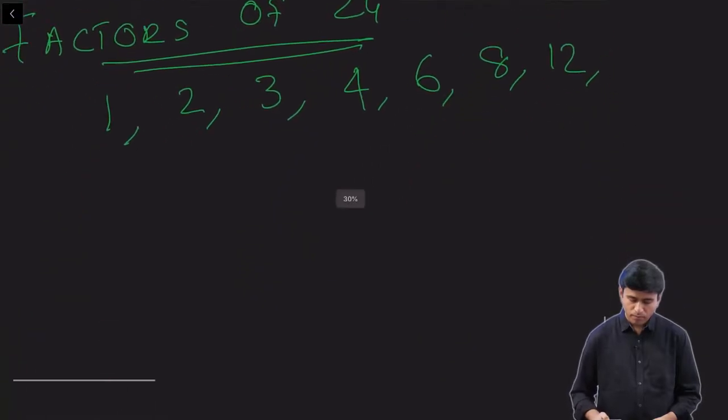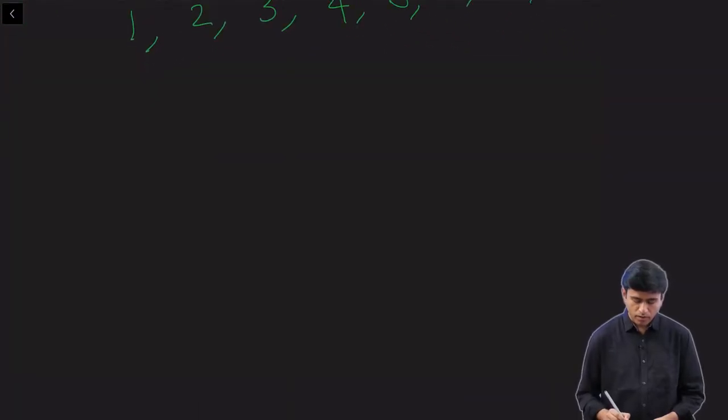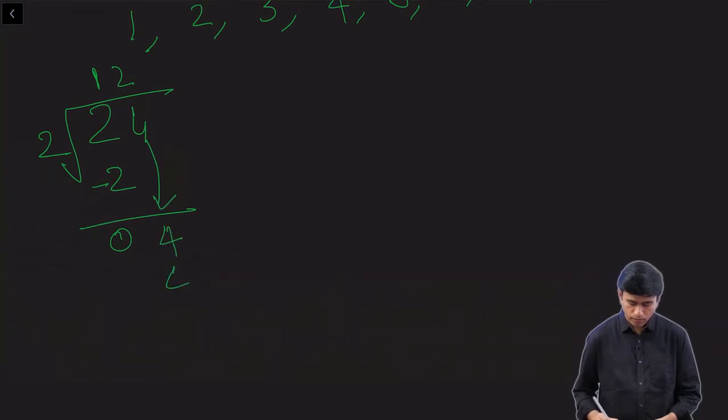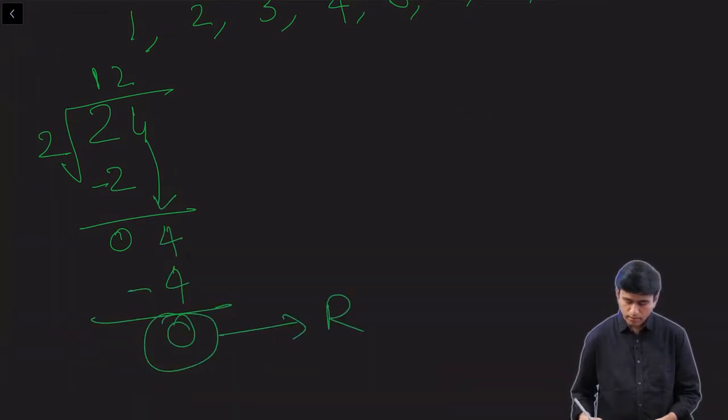So when you divide 24 by 2, we get 2 1s are 2, 0, 2 2s are 4, 0. So you get the remainder as 0.